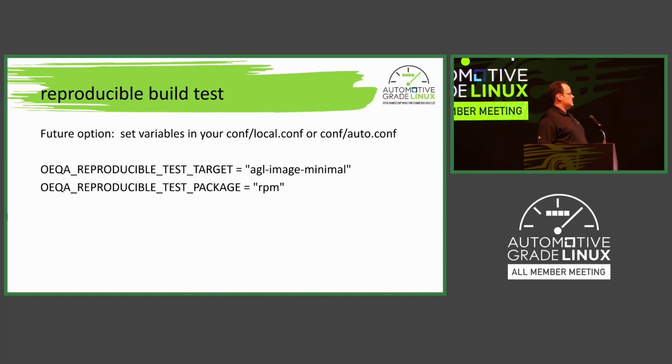I did this yesterday night, and in our minimal image, there are one or two packages that expose a build ID. The build ID is added by the compiler and linker to the binary, and there are two files that still have such a build ID.